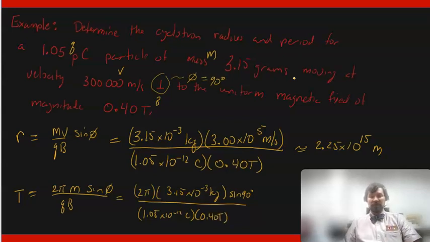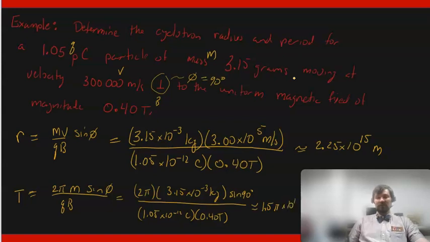Plugging all of that into our calculator, 6 pi over 0.4, so that would be basically 15 pi times 10 to the 9 seconds. So we could say maybe 4.7 times 10 to the 10 seconds.